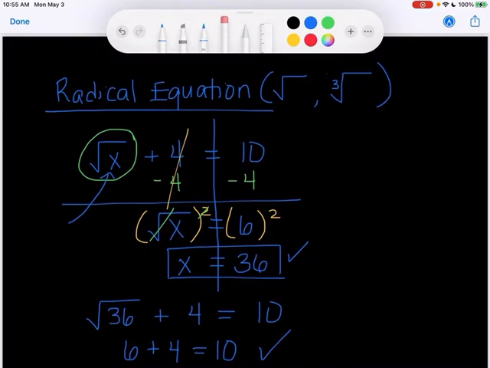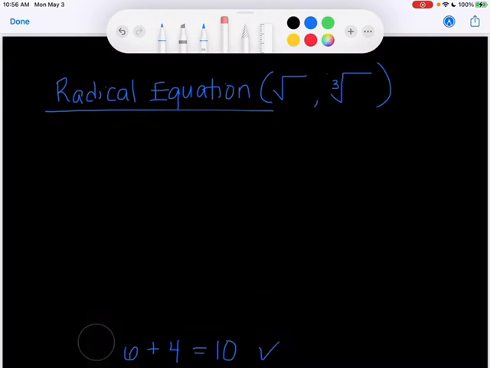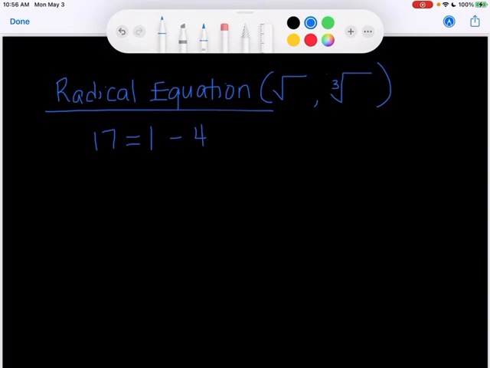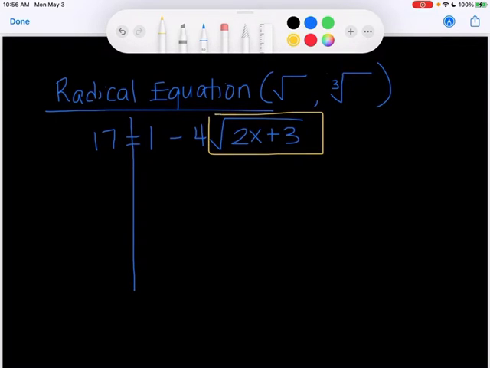All right, let's look at another one. Let's say that we have 17 equals 1 minus 4 times the square root of 2x plus 3. We need to get the square root by itself. I need to get rid of the 1 and that negative 4. We need to go ahead and get rid of the 1 first, so subtract 1 from both sides.